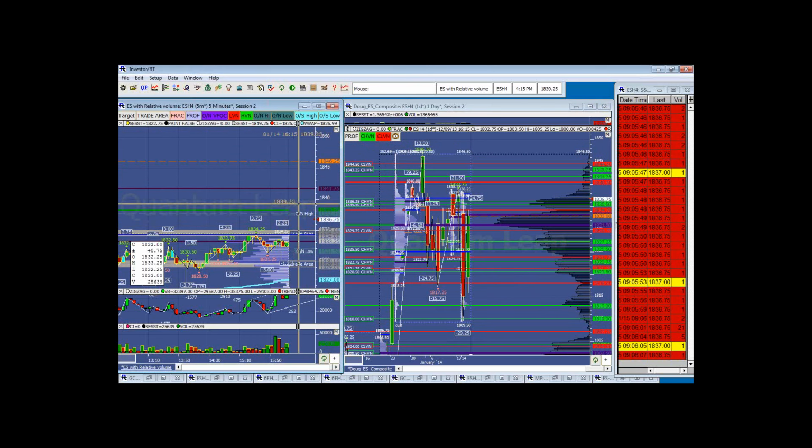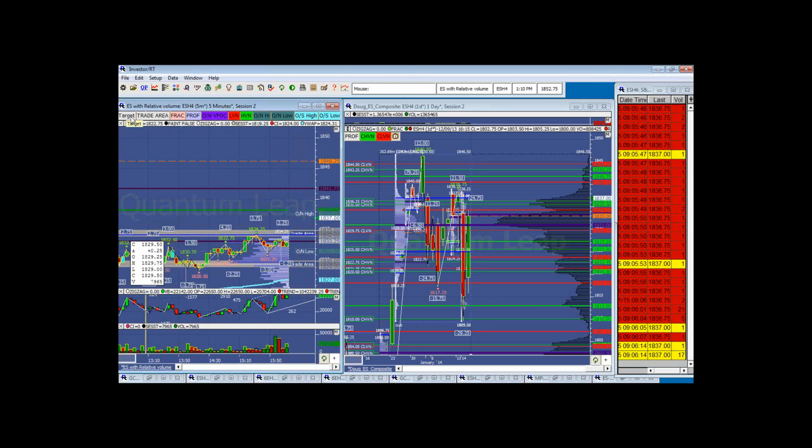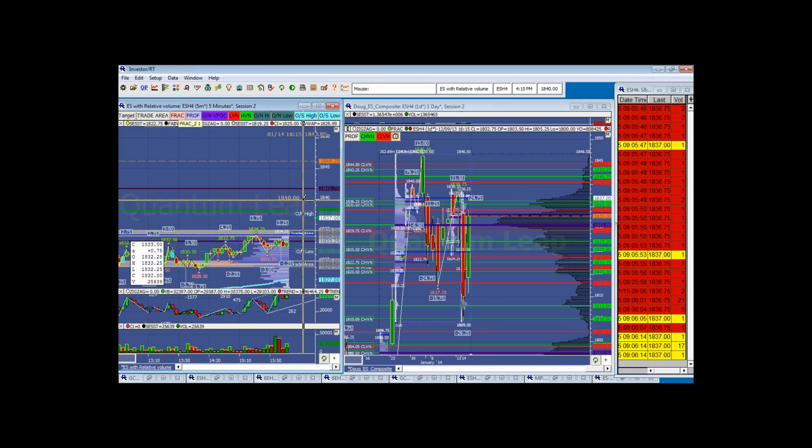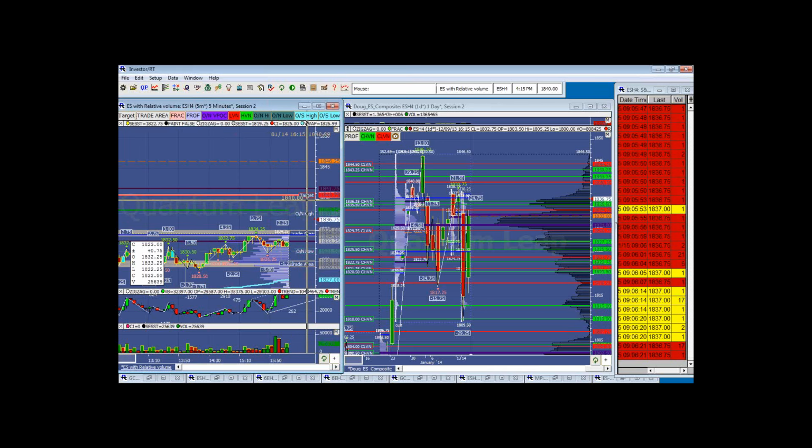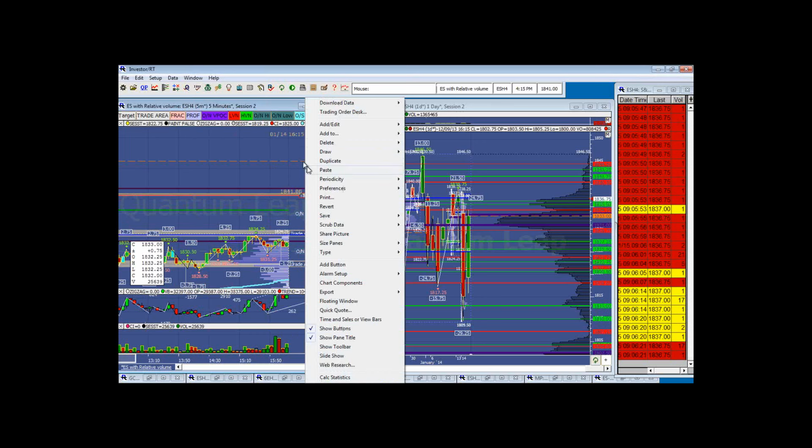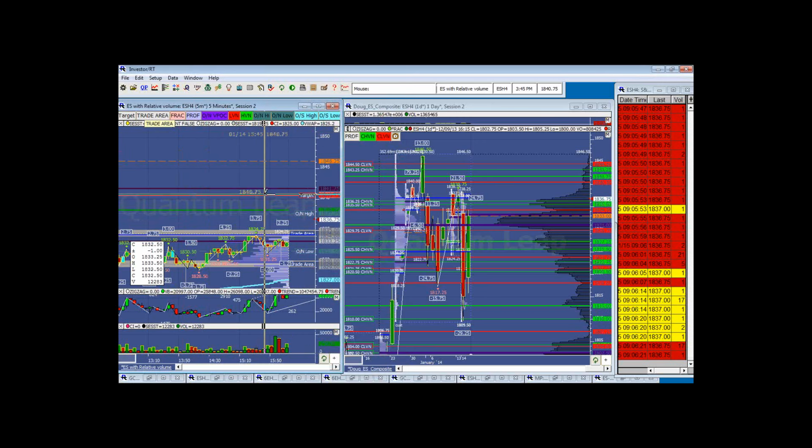above. Mainly they're all going to be targets. But this 4075 area will be an area, if we get up here, I'll be looking at a possibility of them stepping in and, sorry, that shouldn't be a target. It is a target. Actually, I'm going to leave it as a target and a trade area.